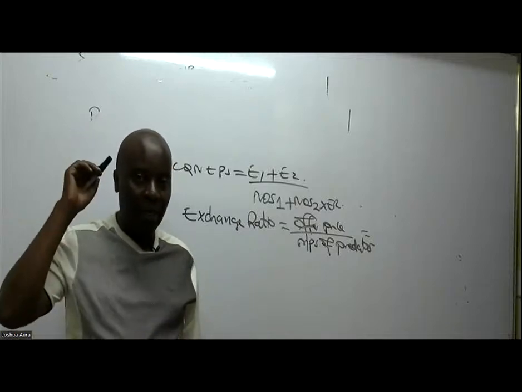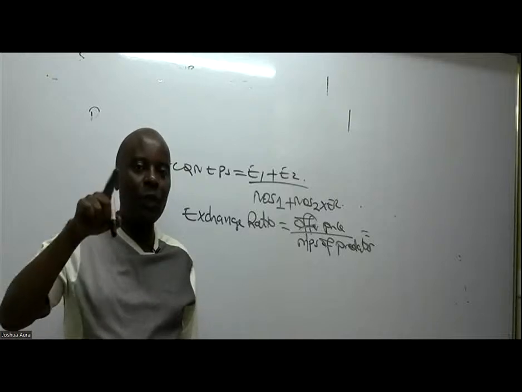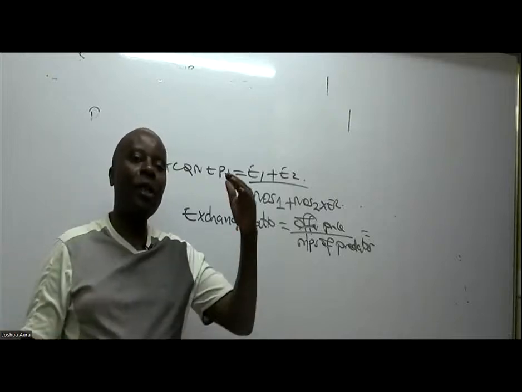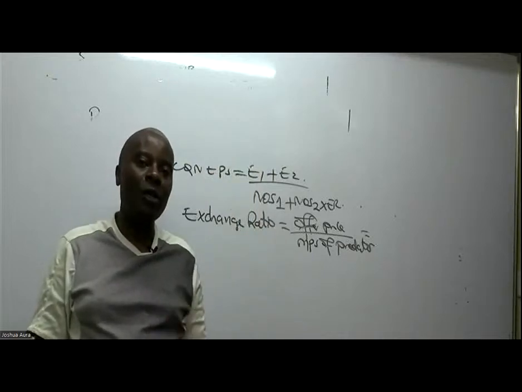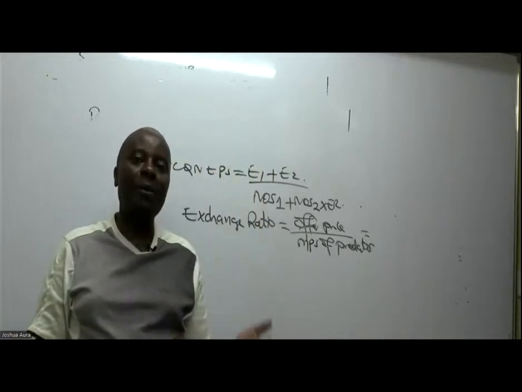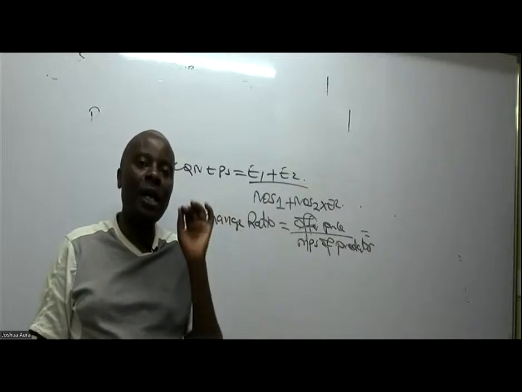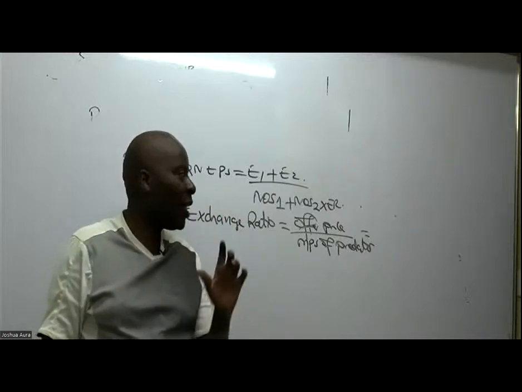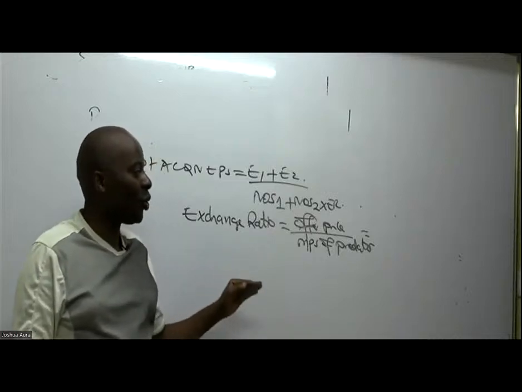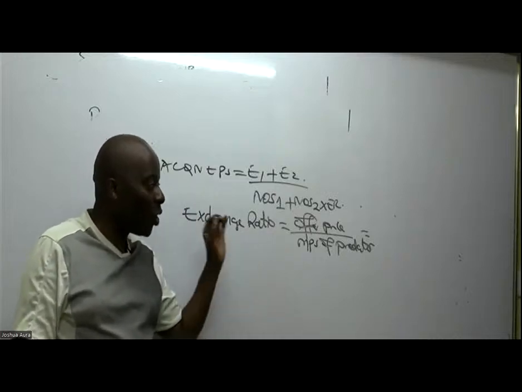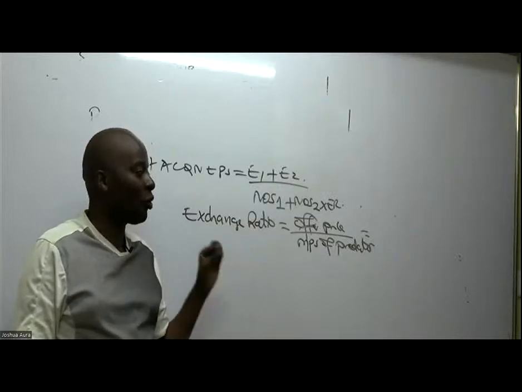We have the maximum exchange ratio, the one that will never lead to dilution of EPS, where you take the EPS of the targeted company over EPS of the predator. That's maximum. But whenever you see the examiner giving you an offer price, the exchange ratio will always be obtained by taking the offer price over MPS of the predator.